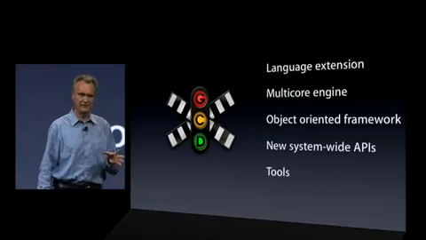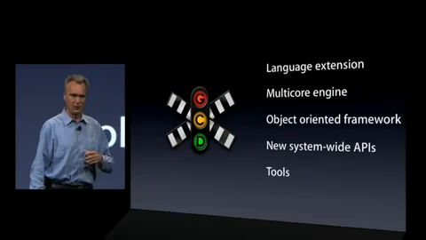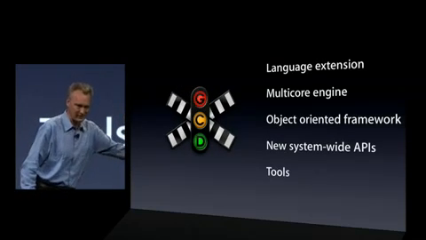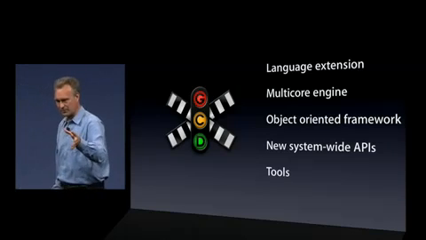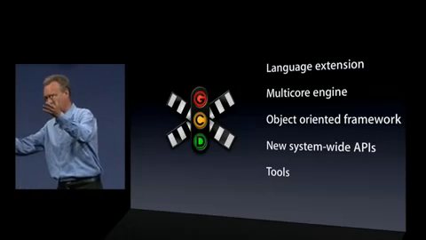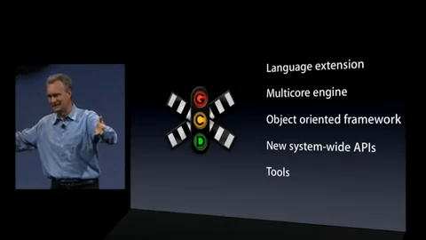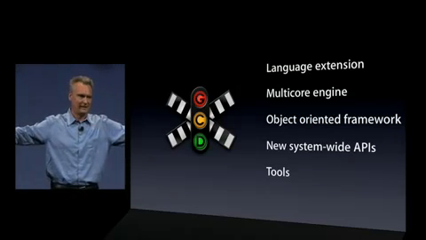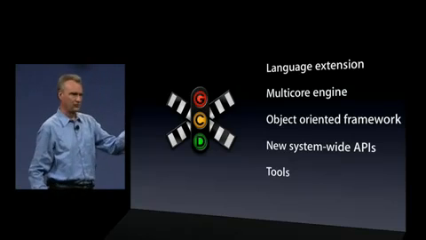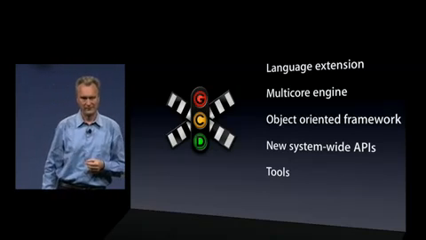It's very, very comprehensive. All the way from a language extension, low-level libraries that are super efficient, high-level libraries to make it really easy to program, integration with all the system APIs, and tools to tune your program.